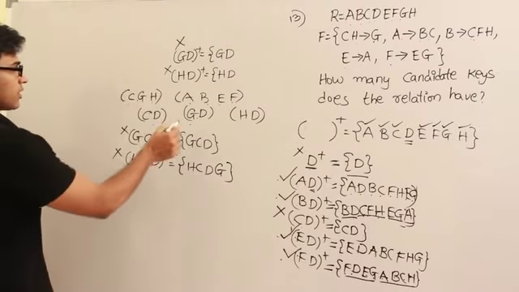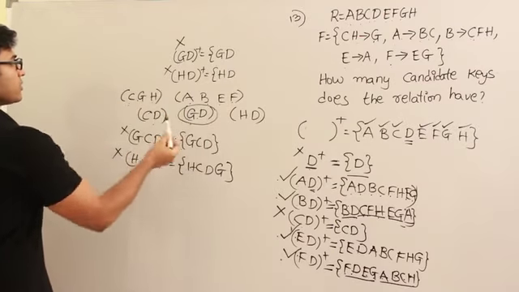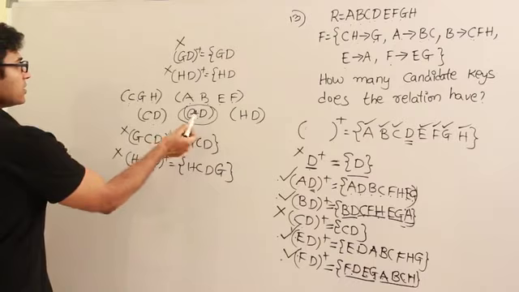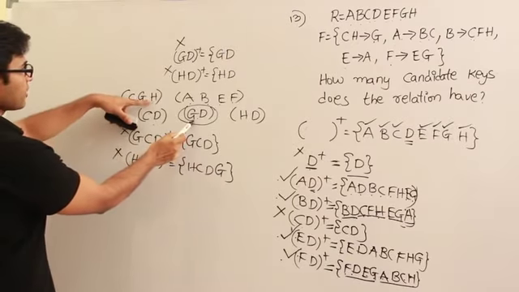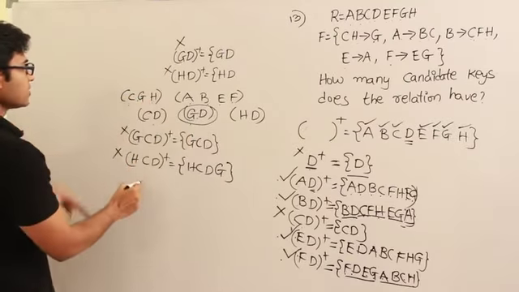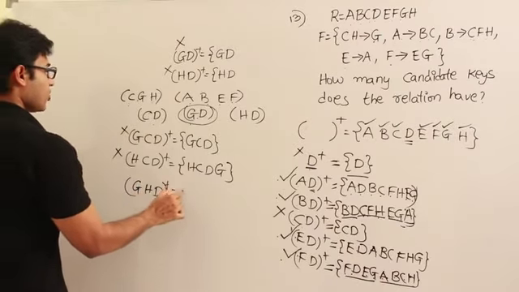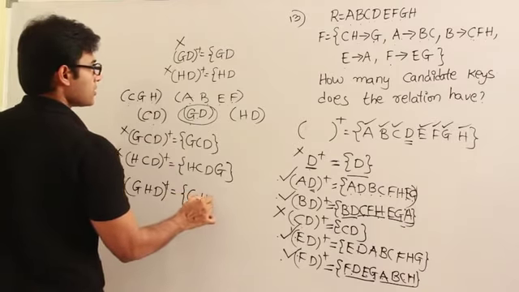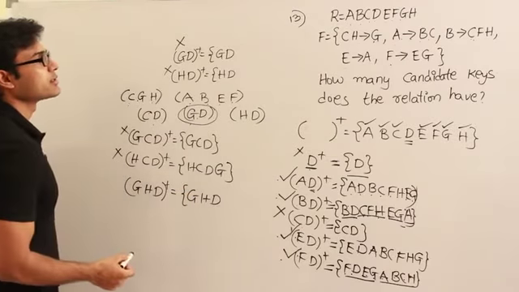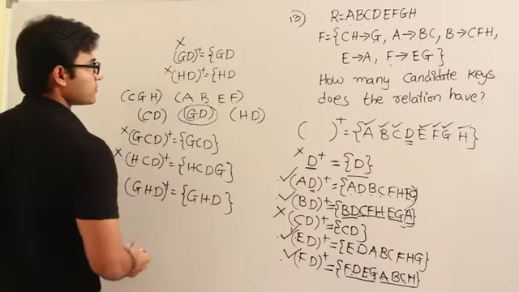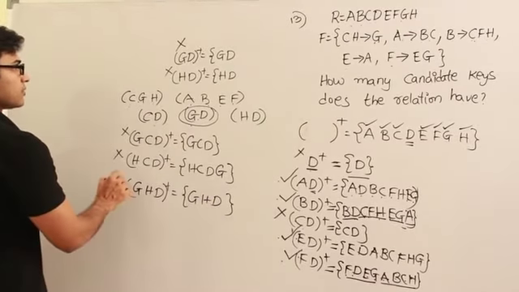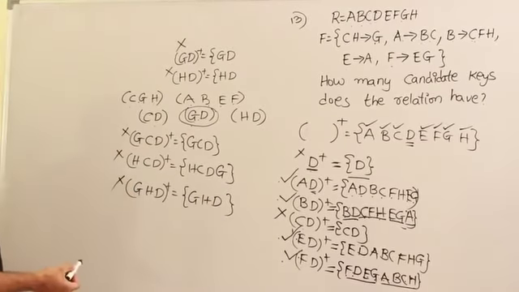Now I'll take this one and try to add the remaining, which means CGD, that is already over, right? And I'll try to add H to this, which means GHD plus. Then what do I get? GHD. Now because of this, nothing gets added, right? Therefore it is also not a candidate key.